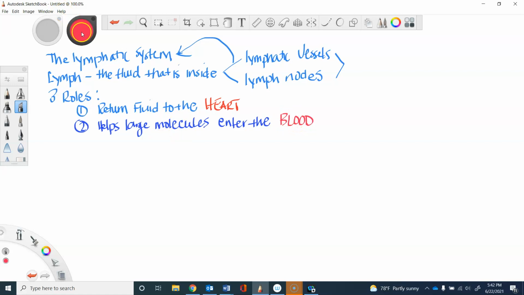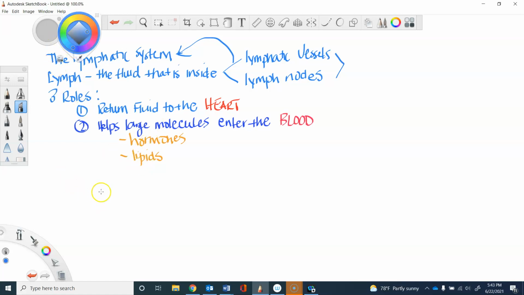And large molecules meaning large hormones, or hormones that just won't fit into capillaries, and lipids. And lipids are definitely large molecules that can't fit into capillaries, so they have to get in another way, and they do that through the lymphatic system.